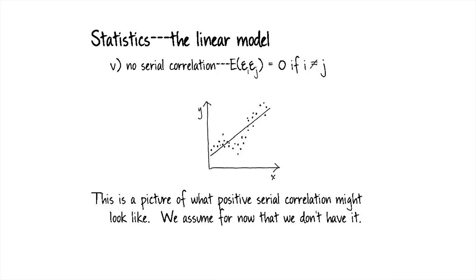So you have an area where errors are mostly positive, and then you get a negative error, and then most of the errors close by are likely to be negative. This is what positive serial correlation might look like. The errors are kind of clumped spatially like this. Again, this is not fatal. We can deal with this, but we're going to assume for now that we don't have it.